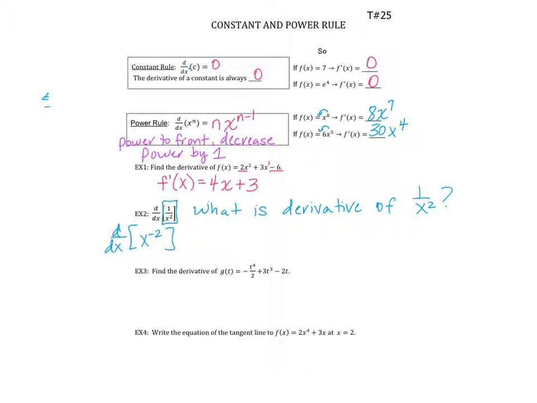So that would be power to the front, decrease the power by 1. But they won't leave negative exponents. So notice that the 2 stays, but the x to the third will go to the bottom.